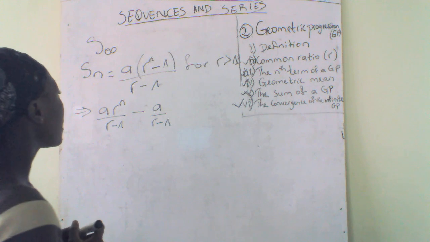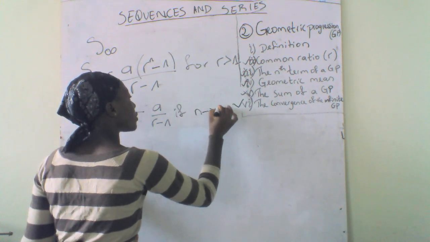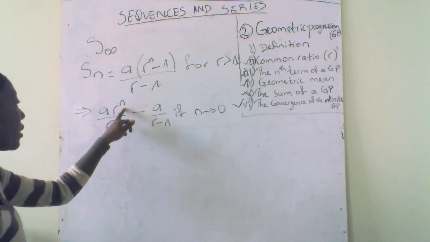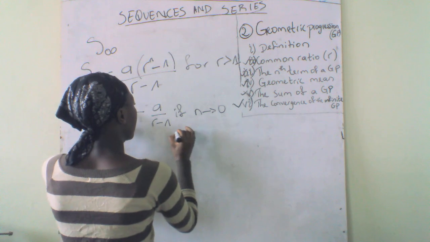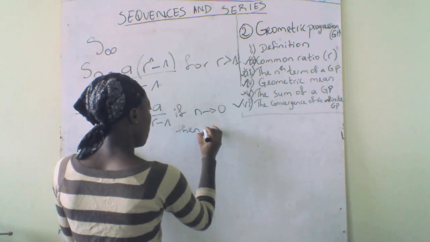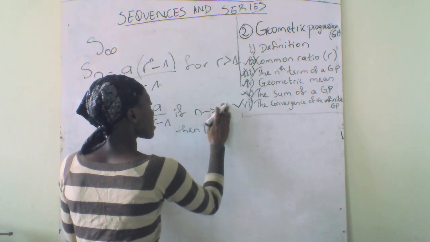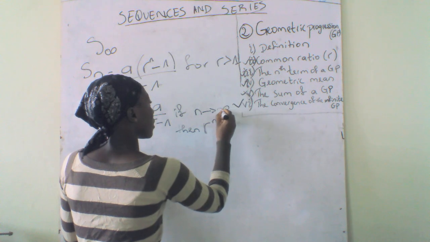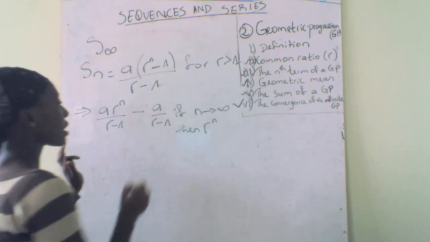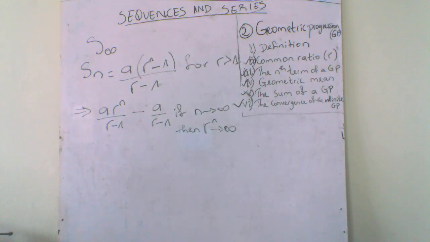Now, if n tends to infinity, then r^n here will also tend to infinity.